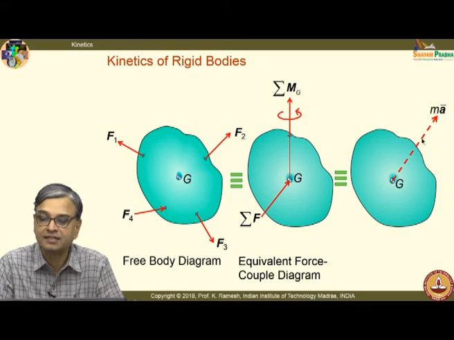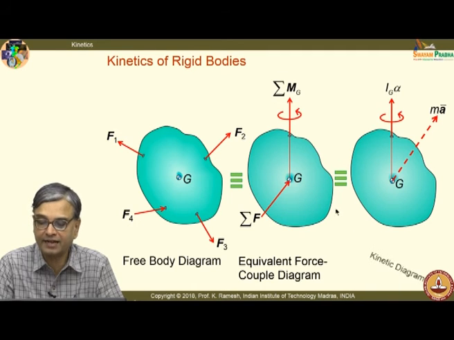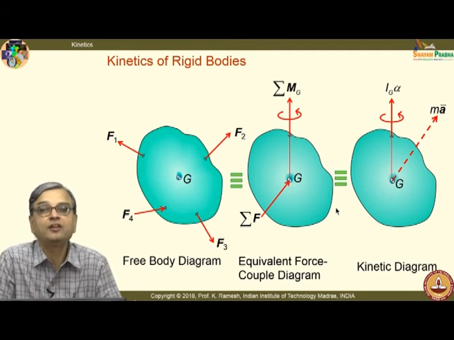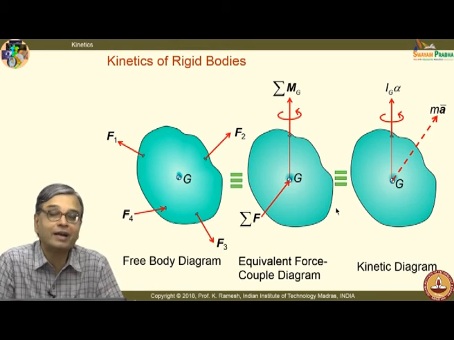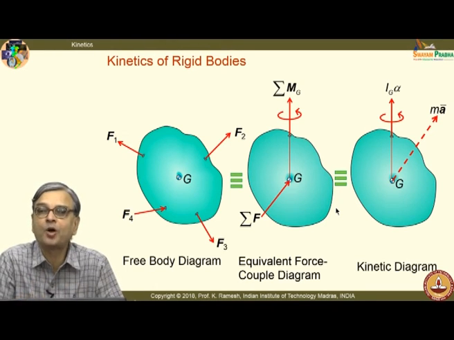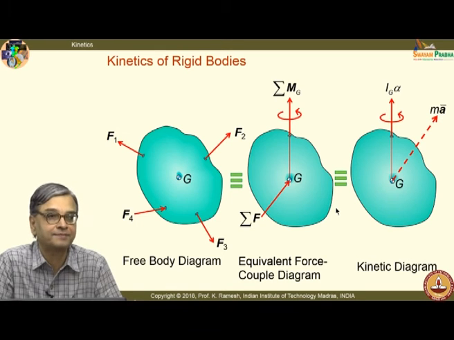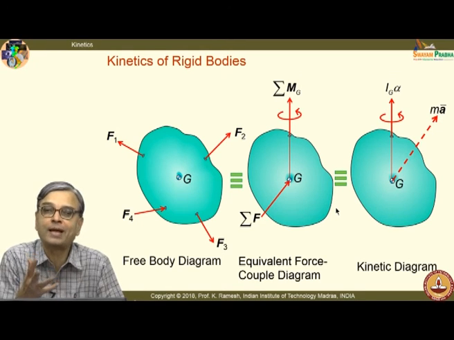This has a translation like this and a rotation dictated by Ig alpha, and this is known as a kinetic diagram. So, in many of the problems when we do it in kinetics, we would like to have the kinetic diagram properly represented, so that you visualize what happens to the rigid body.